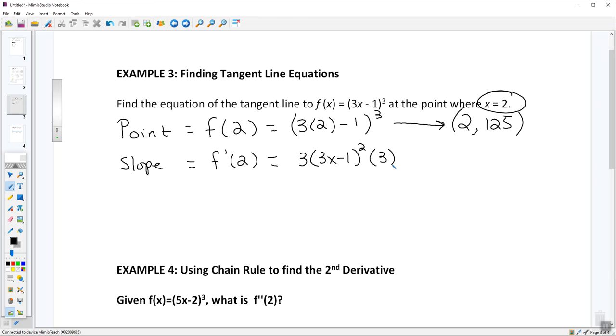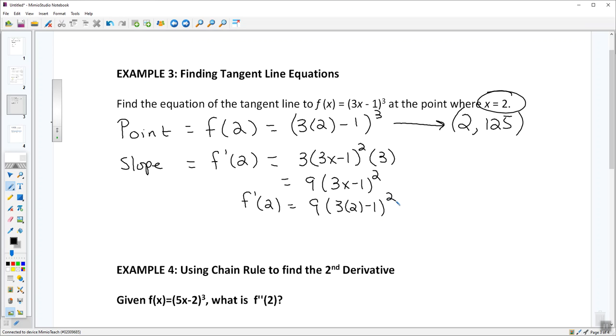Okay. This 3 times 3 would be 9, wouldn't it, kids? Yeah. So f prime of 2 shall become 9 times, what's 3 times 2 going to get me? Okay, so this will be 6 minus 1 here, which is what? What's 5 squared? 25.